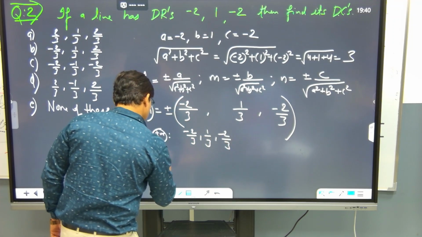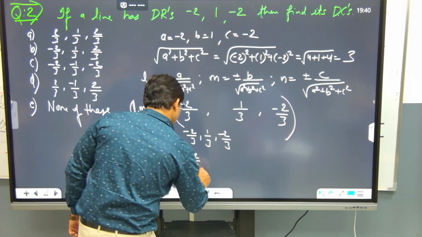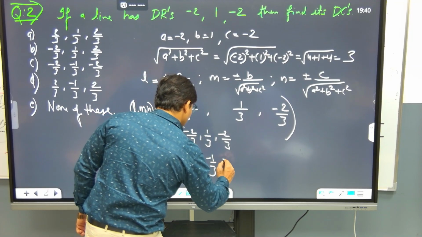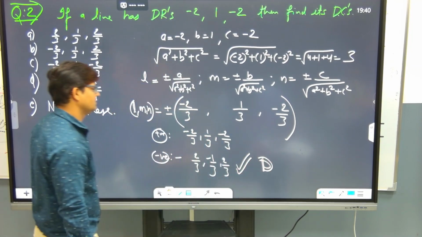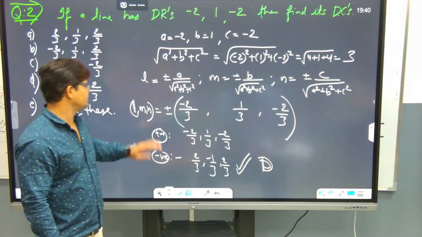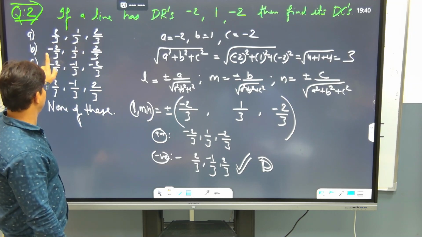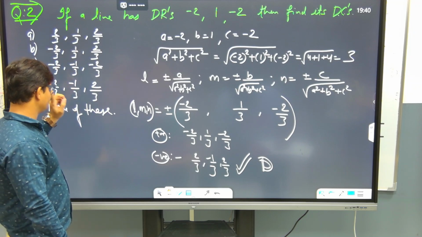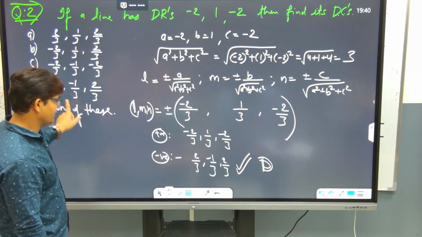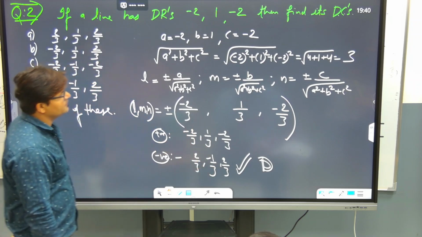With negative sign, we have 2 by 3, -1 by 3 and 2 by 3. So this matches option D. Not all plus, not first minus, not all minus, but first and last plus, middle value minus. So option D is correct based on this.